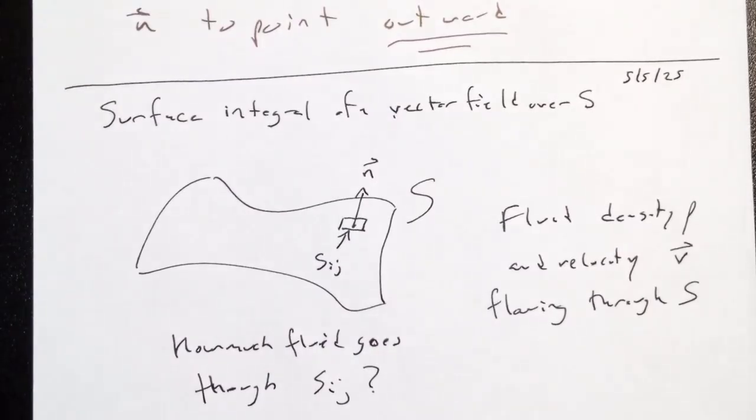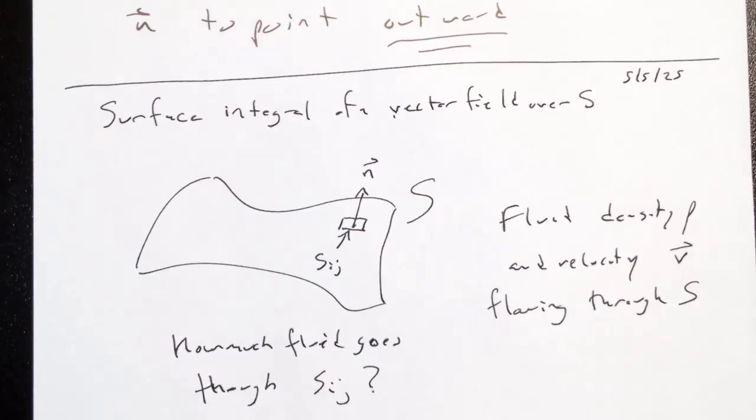You actually do know the answer to it. If you just think of the fluid as a vector, well, the amount of that vector would depend on its angle relative to the normal vector. Stuff that's going this way, perpendicular to the normal vector, isn't going to go through S at all, is it?